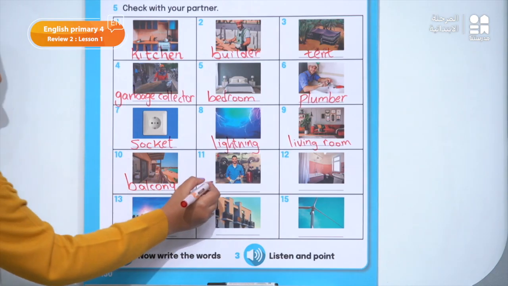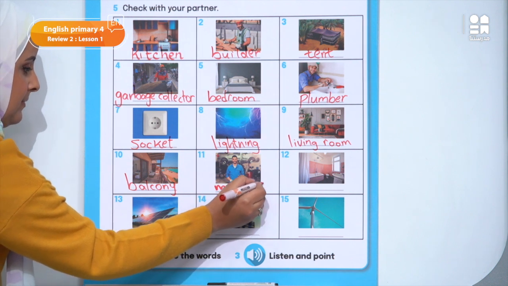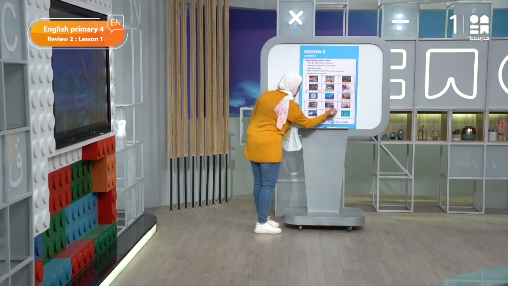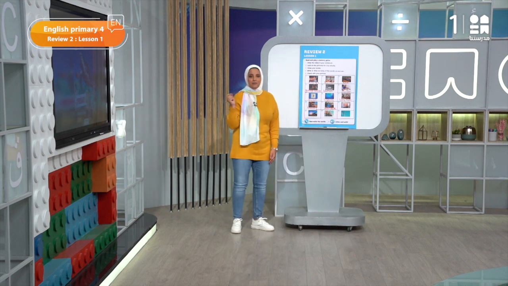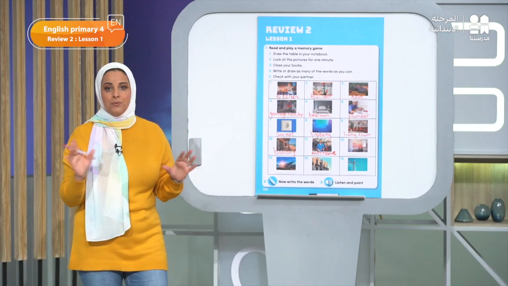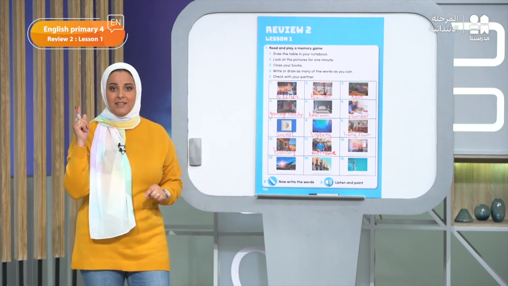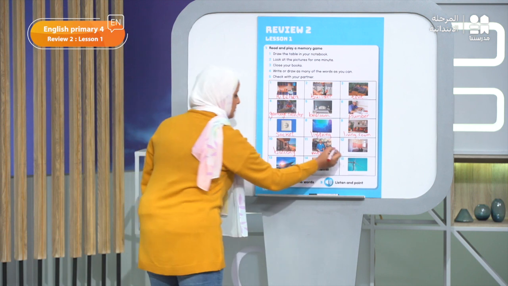So let's write together mechanic. This is C, okay? Number 12, another room in the house. It's very important. Bathroom, excellent. Is it one word or two words? One word, so bathroom.